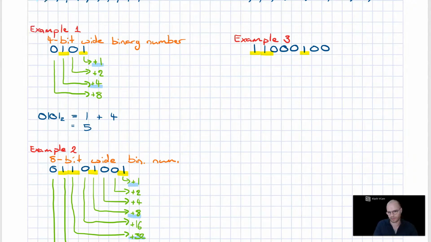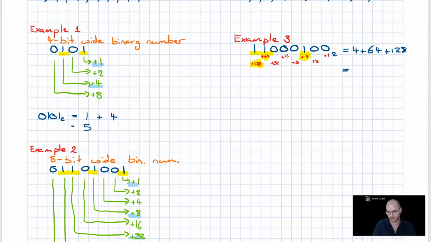Now, underneath all of these numbers, I'm going to write plus 1, plus 2, plus 4, plus 8, plus 16, plus 32, plus 64, and then plus 128. Now I'll go back and highlight the plus numbers that are underneath the ones, like so.